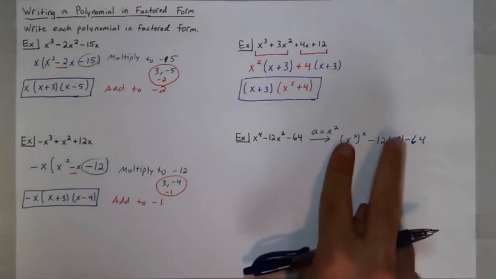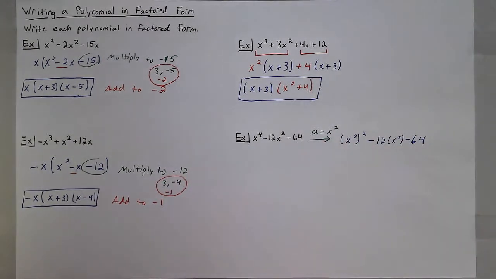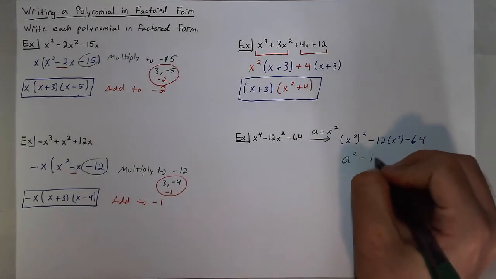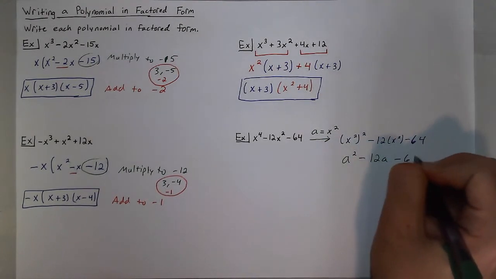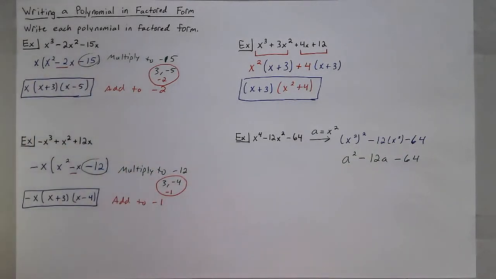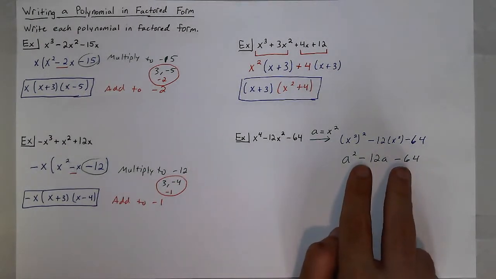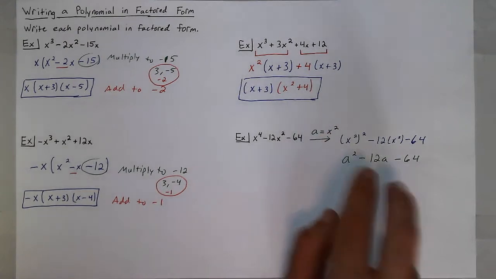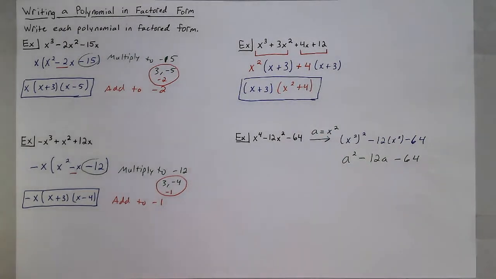And if I replace the x squared with another variable, I end up getting a squared minus 12a minus 64, which brings us to a quadratic like I wanted to have before. And once I factor out this quadratic, I can substitute the x squared back in.